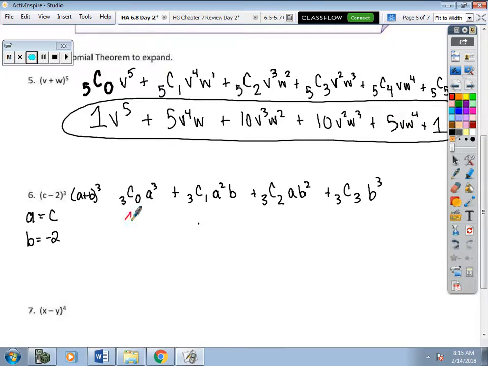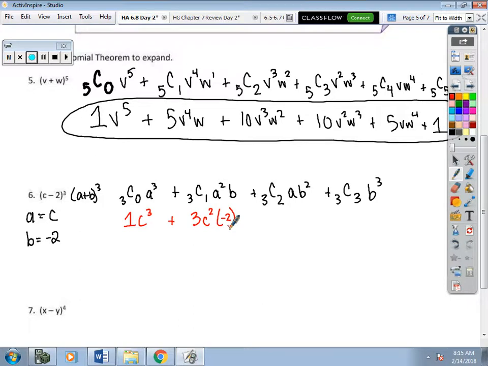So 3c0 is going to get me 1. A cubed would be c cubed. 3c1 will get us 3. A squared will be c squared. And we do have to plug in a -2 here.